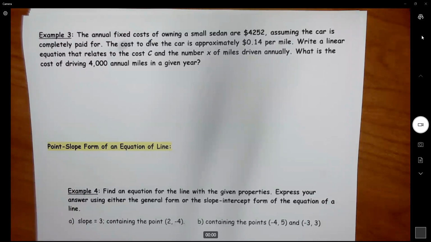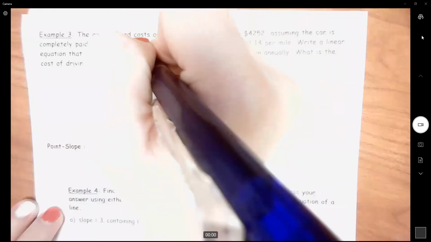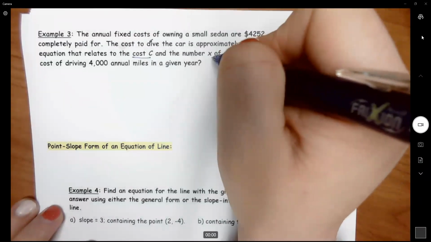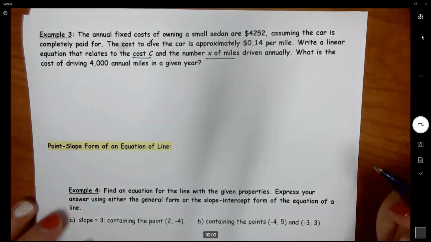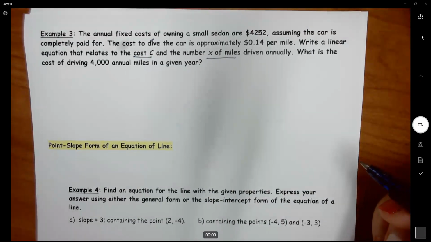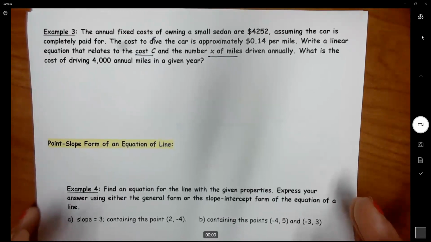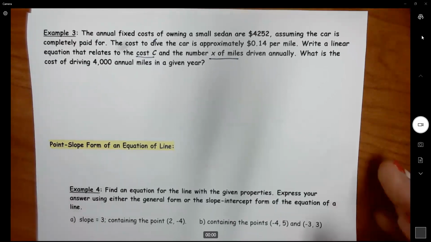Write a linear equation that relates to the cost C and the number X of miles driven annually. What is the cost of driving 4,000 annual miles a given year?